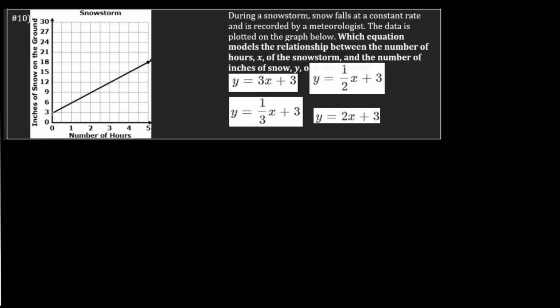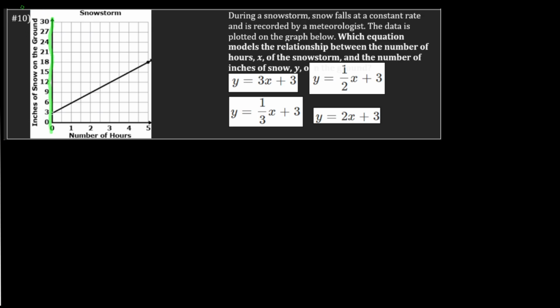For number 10, it says, during a snowstorm, snow falls at a constant rate and is recorded by a meteorologist. The data is plotted on the graph to the left. Which equation models the relationship between the number of hours, x, of a snowstorm and the number of inches of snow, y? Looking at these choices, first things first, highlight that y-axis, because I want to find where my y-intercept is.